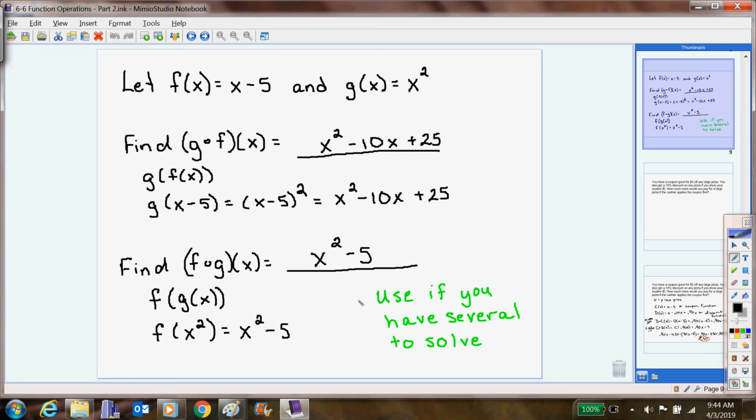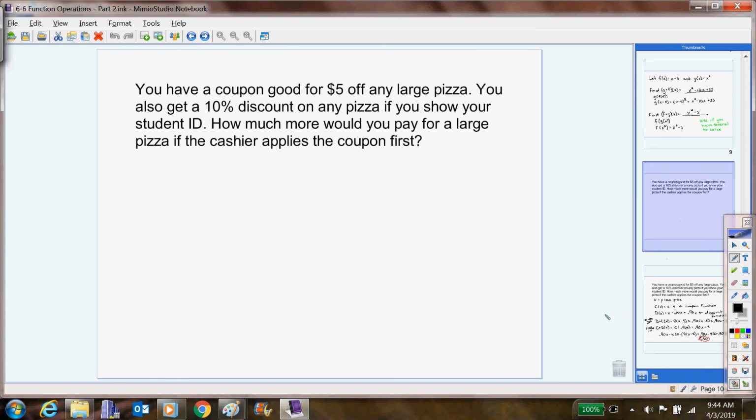And that's our word problem that we have on the sheet. If you take a look on the back of your page, it talks about how you would think about ordering pizza. When you're ordering pizza, you're not necessarily going to think, wow, I'm going to do a composite function. But these types of things do matter.